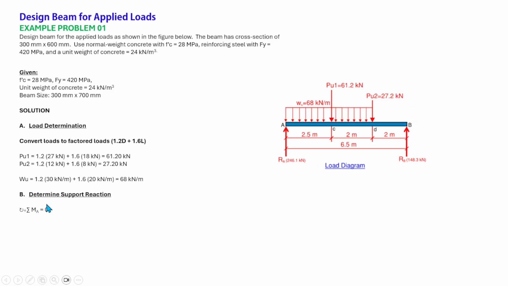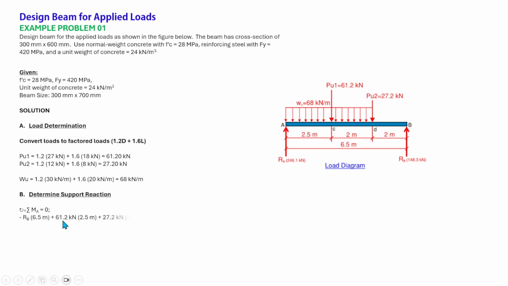First of all, we need to determine the support reactions at points A and B. So we will sum up moments either at point A or B. Let's say the summation of moments at A is equal to 0, positive clockwise.